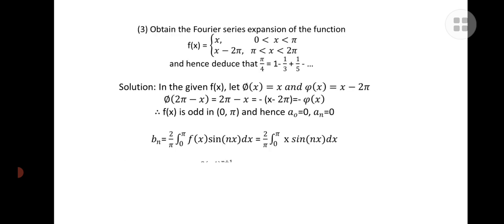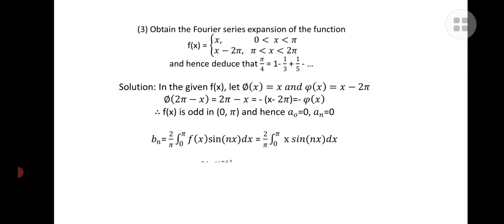If we go for the third example, which is also an example for the interval 0 to 2 pi, in that case f of x is equal to x in the interval 0 to pi and x minus 2 pi in the interval pi to 2 pi, and reducing that, pi divided by 4 minus 1 is equal to 1 minus 1 by 3 plus 1 by 5 and so on.